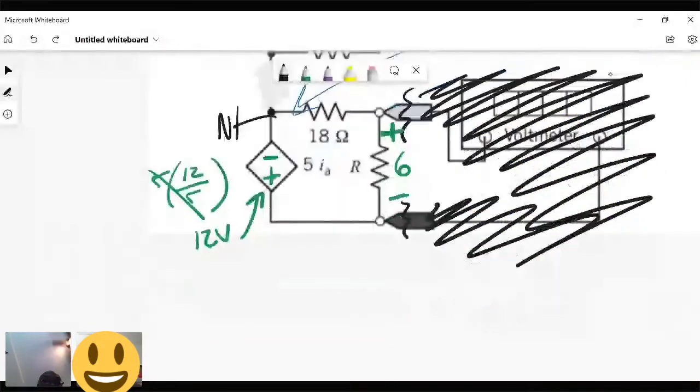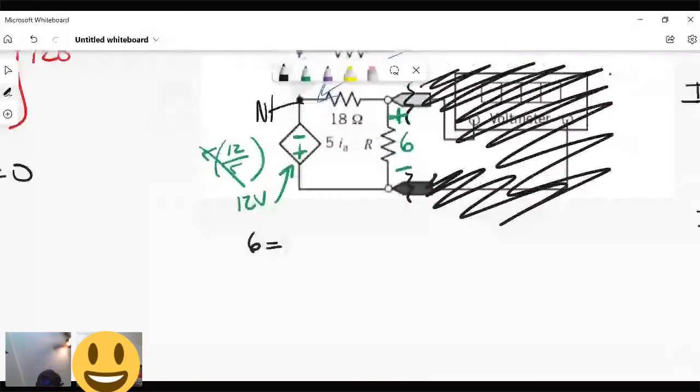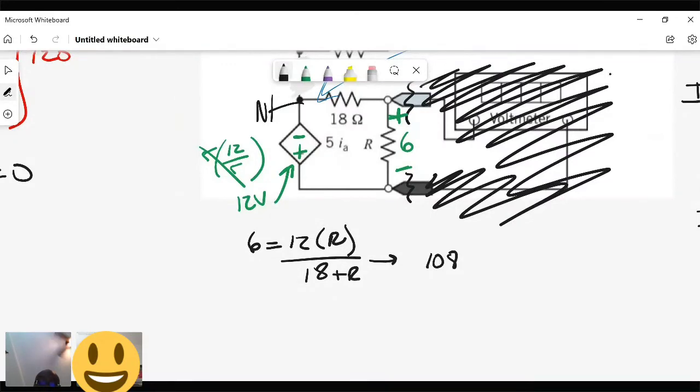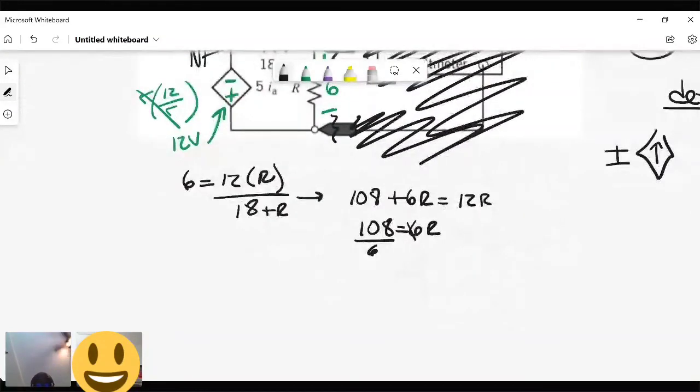will be just fine. If I set up my voltage divider, it's going to be 6 equals 12 times R divided by 18 plus R. 18 times 6 is 108, plus 6R equals 12R. 108 equals 6R. 108 divided by 6, that's a calculator moment.